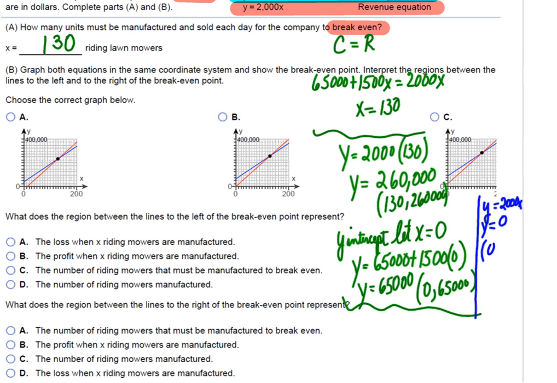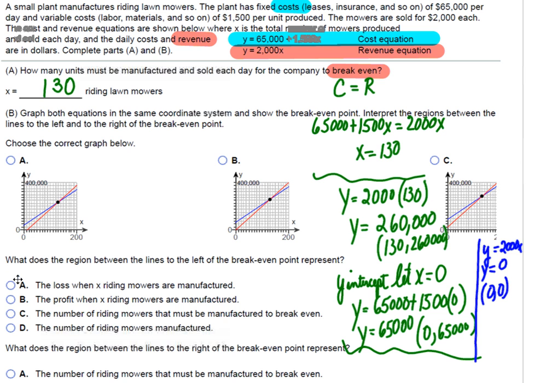So I have the ordered pair 0, 0. This is good. This is where I'm starting out. So that's important when I start looking at the graphs. Now, do I have one that has 0, 0? This one doesn't. This one doesn't start out with 0. But this one does.